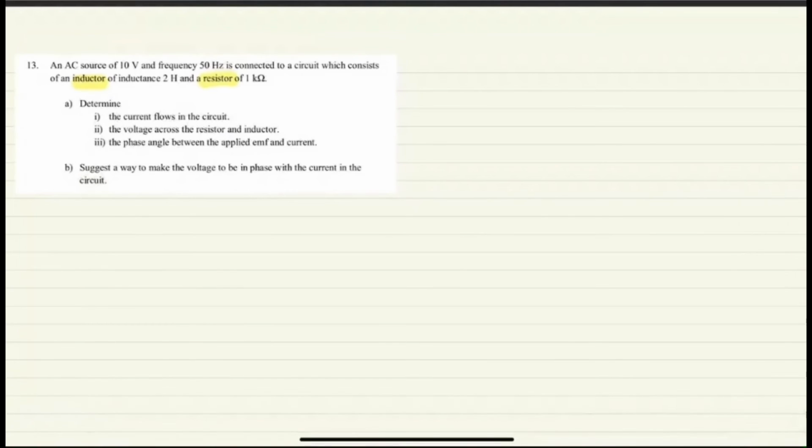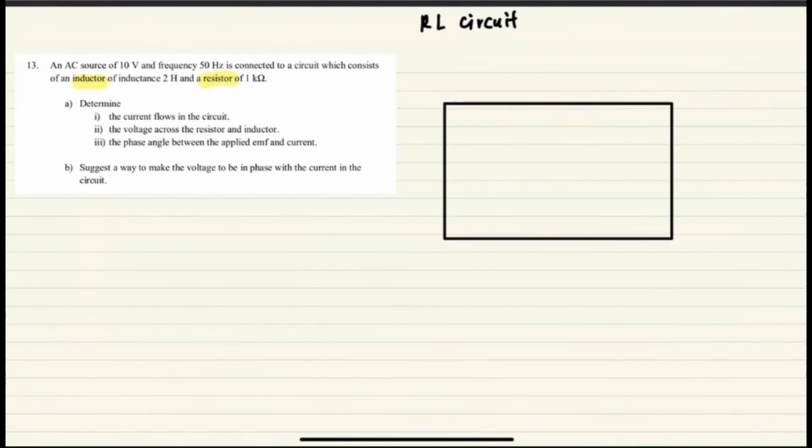First of all, identify what circuit it is: inductor with resistor. The next step is to draw the circuit consisting of a resistor and an inductor. The resistor has the usual symbol, and the inductor is the spring.